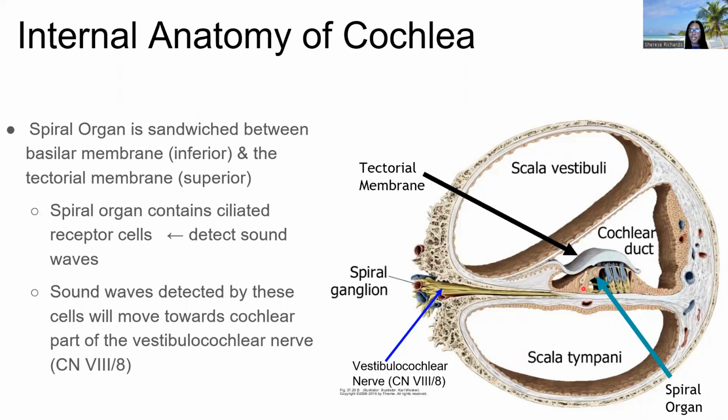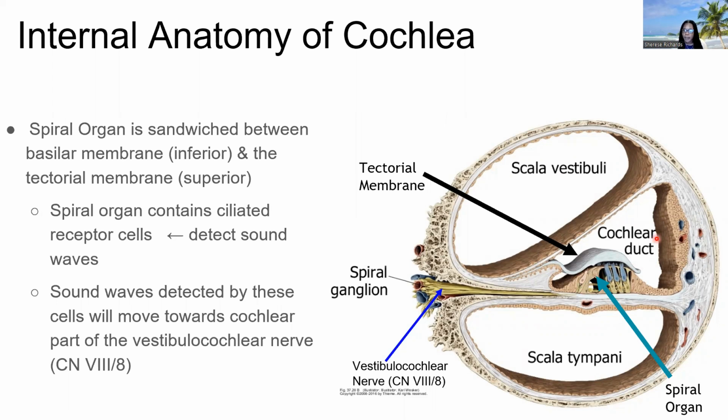So the spiral organ is where we have ciliated receptor cells. These cells are responsible for, again, picking up those vibrations, because there is fluid present in these spaces that perceive the vibrations that are coming in from the middle ear.